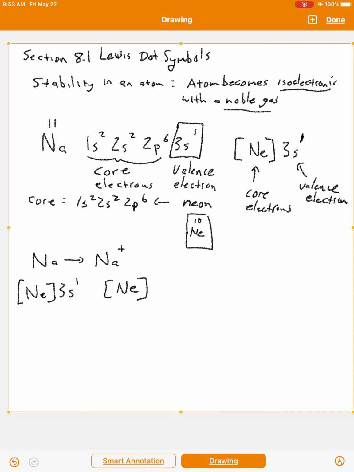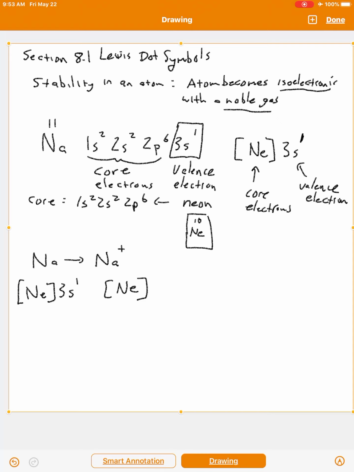Now notice that the sodium ion, which by the way is very stable in water, whereas the sodium atom is very reactive in water, is isoelectronic with neon.